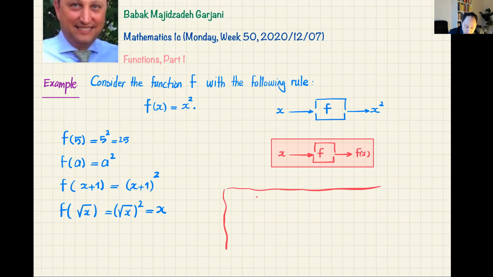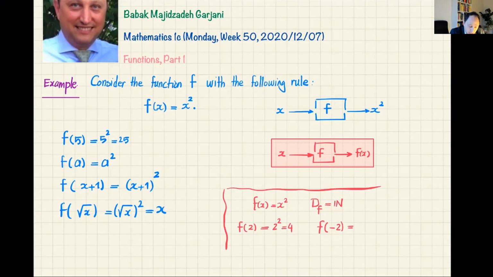But for example, I can say the same thing and I can emphasize that my domain is N. Then if I ask you f of 2, you will answer me, it is 2 to the power 2, it is 4. But if I ask you what is f of minus 2, you do not answer me, because you yourself are telling me that the domain is N. It means that I am not allowed to put minus 2 as an input, because minus 2 is not in my domain.